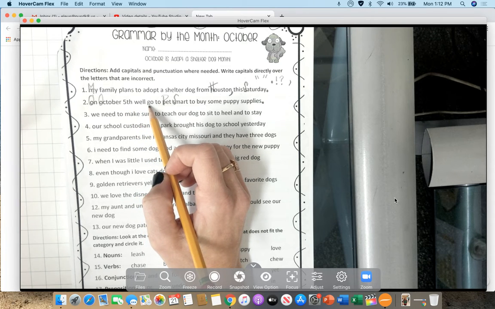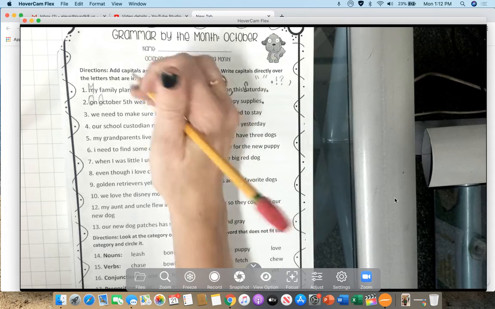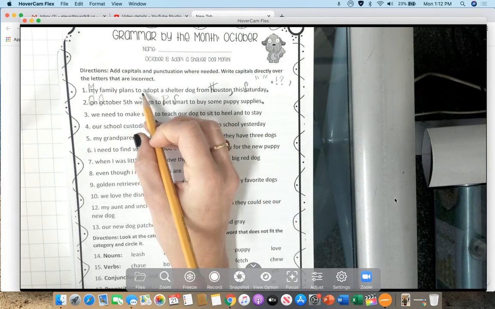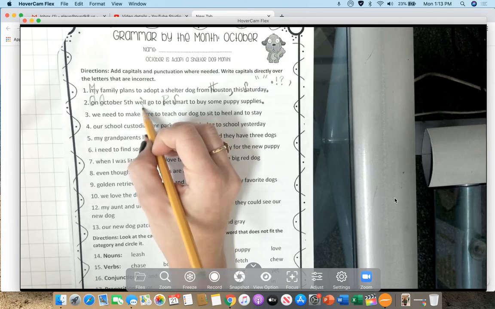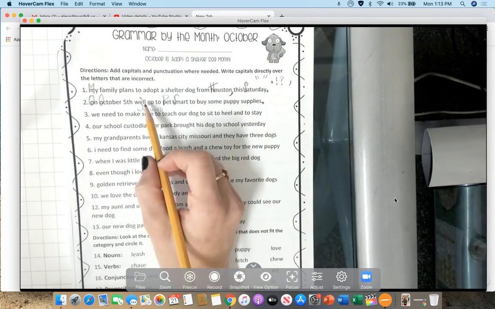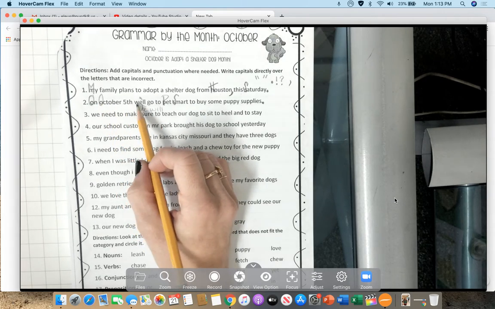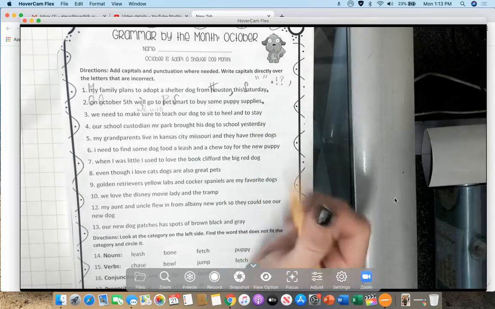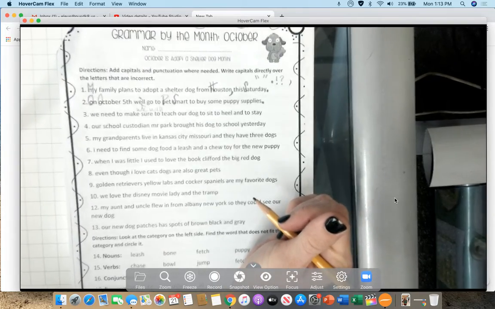Notice that sounds funny. It's supposed to say "will go." So we need to go ahead and add the apostrophe to create the word "we'll." That comes from the two words "we will." It's a contraction. So on October 5th, we'll go to PetSmart to buy some puppy supplies. That's it. That's all you needed for punctuation.